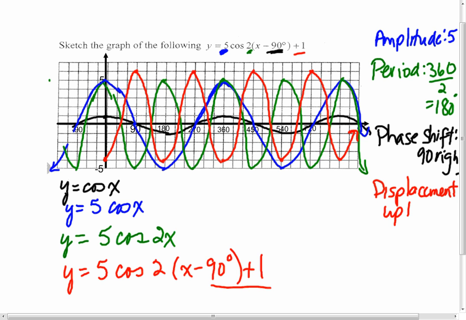And going in the other direction. There we are. We have graphed our function.